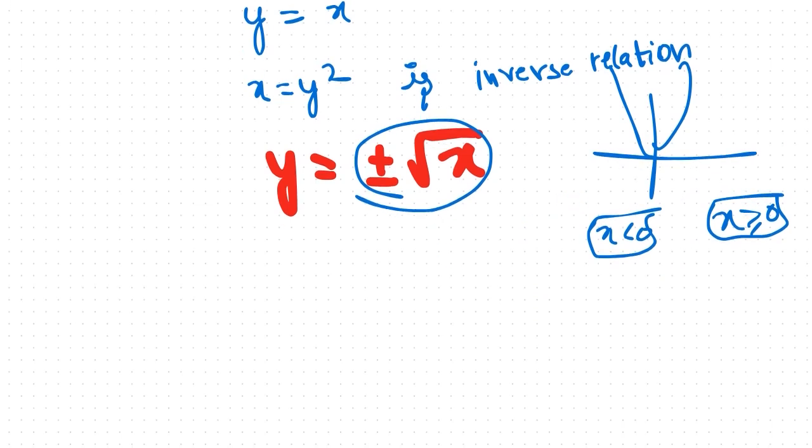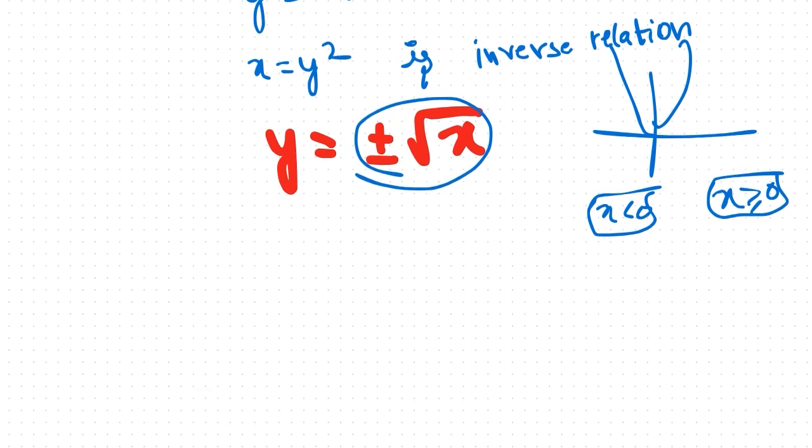And then for the second interval, it's going to be y is equal to positive root x.